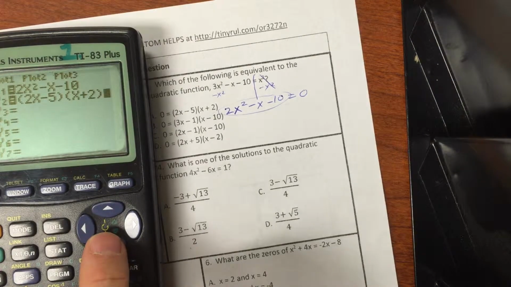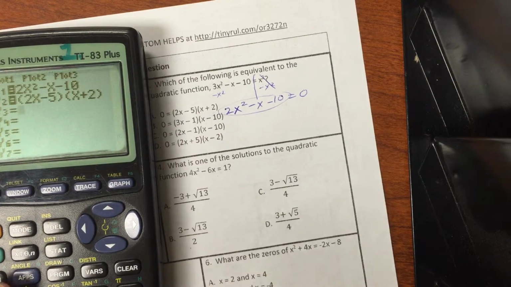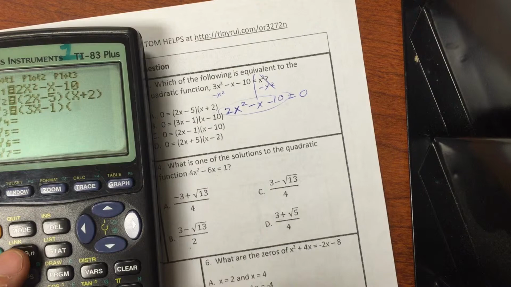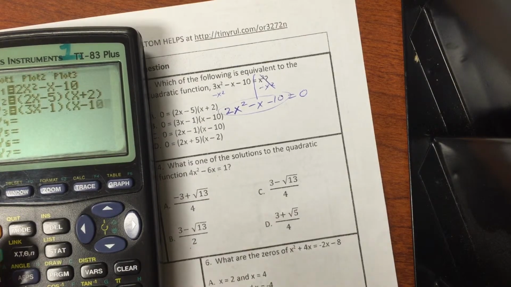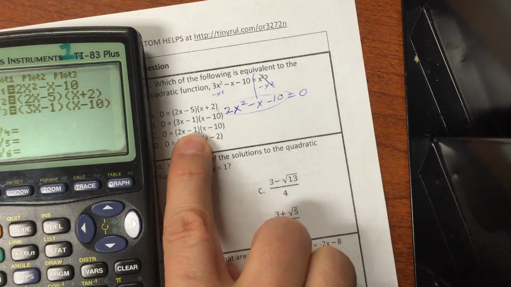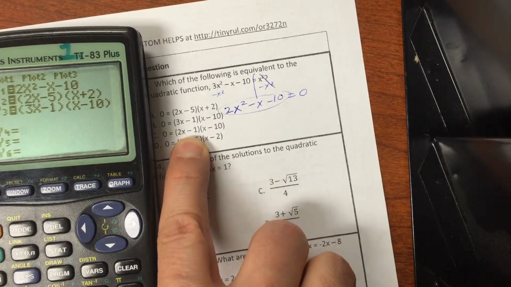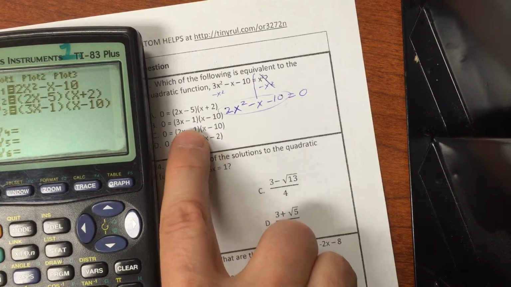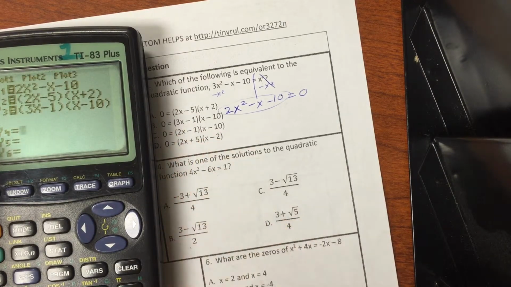Really important. Then parenthesis 3x minus 1 and x minus 10. Another common mistake is, for example, I almost did this: I would look at this one, and then when I look back down, I actually look at a different one below it, and I get the problems crisscrossed. Make sure you don't do that.